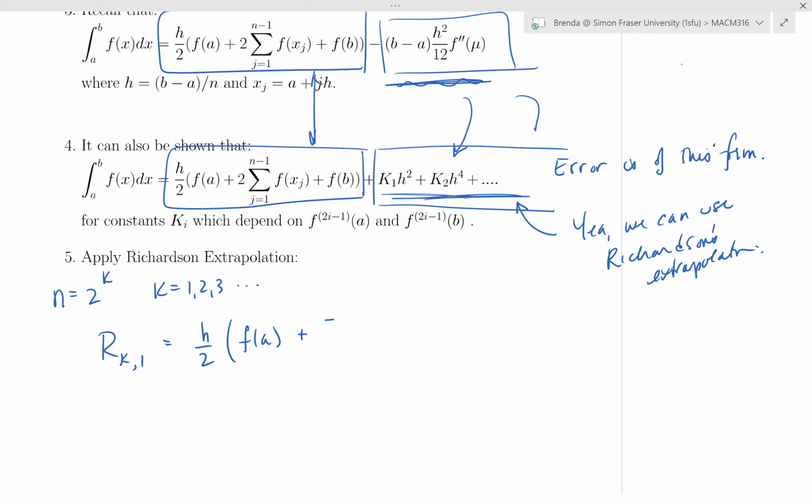It's going to look like this. We're going to go through making trapezoidal rule approximations, and we're going to label them in this manner. We're going to start with one interval, and then we're going to double the number of intervals each time.